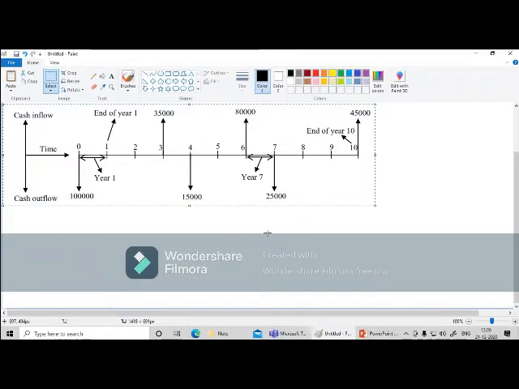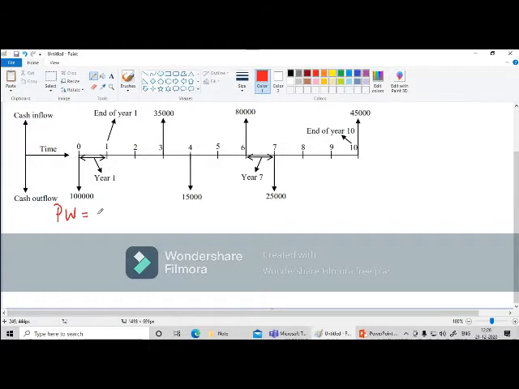So see, now you are having a cash flow. So if I want to convert this complete cash flow to present worth method, what I'll do? I'll explain. See, now I am applying present worth method.